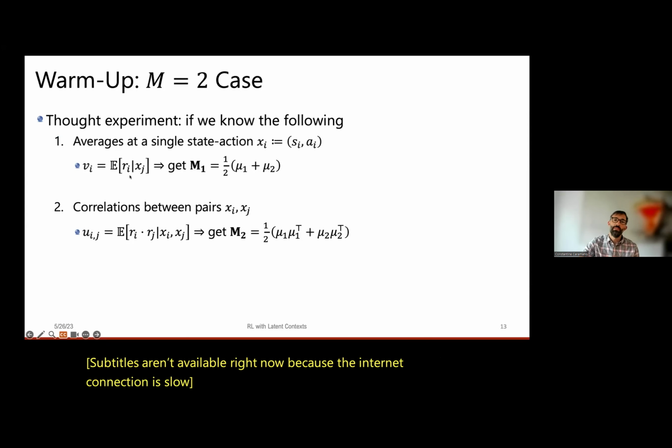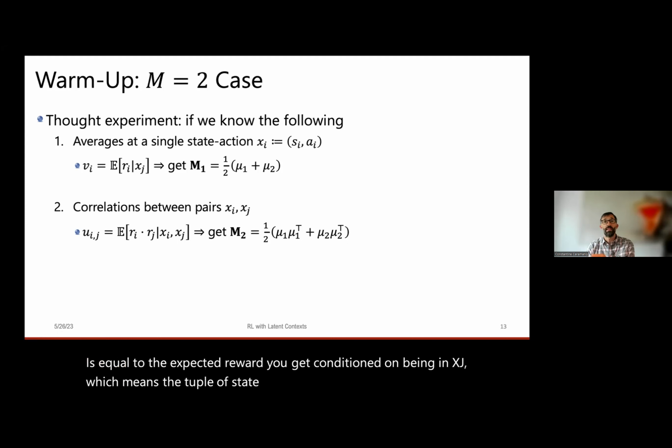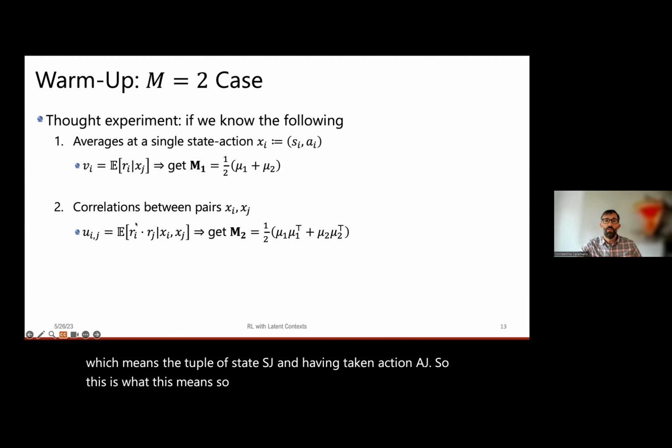So in this case, V_j is equal to the expected reward you get conditioned on being in X_j, which means the tuple of state S_j and having taken action A_j. So this is what this means.